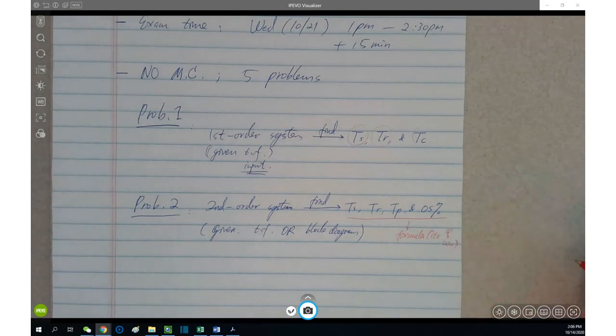Remember, who is zeta? Anyone remember who is zeta? Damping ratio. Omega n is what? Natural frequency. Here we go. Those formulas are in terms of those two.